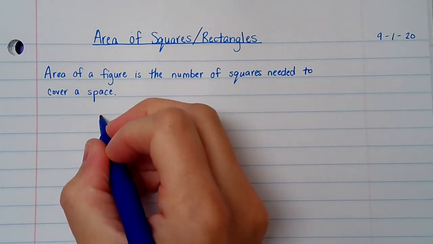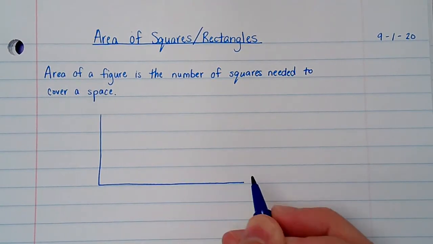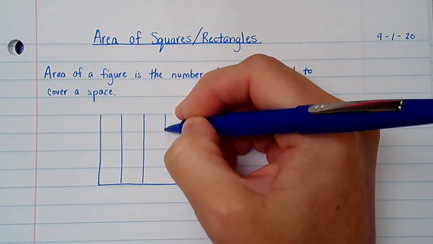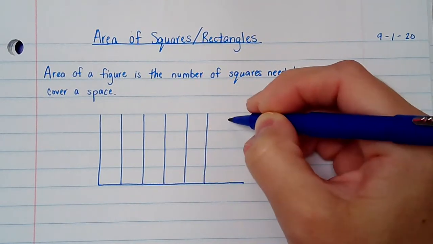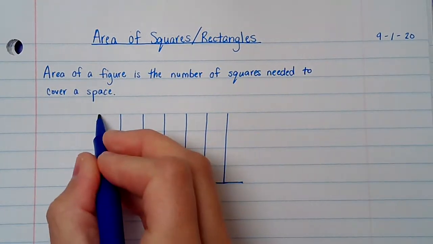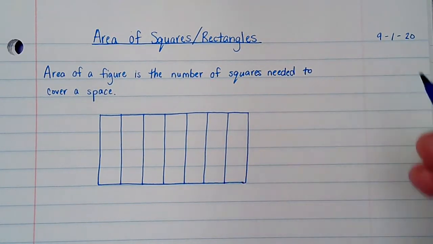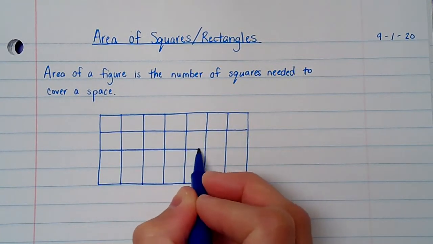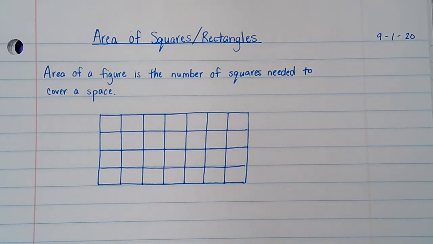So for example, if we have this shape right here, let's see how good I can be. All right. And then just draw your lines going across. All right, so sometimes they'll give you a shape and they won't have numbers with it, but these are called units.